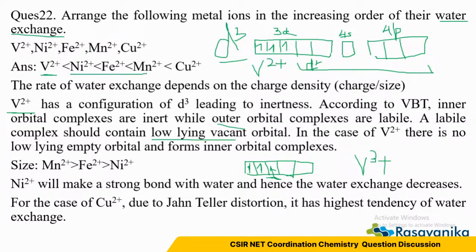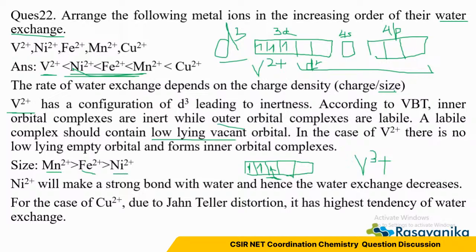Now talking about these three, nickel, iron, and manganese. You can see going from left to right, the size is decreasing, right? So manganese has the highest size, then iron, and then nickel. Now the rate of water exchange depends upon the charge density.